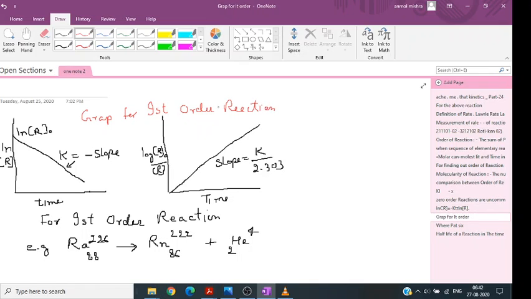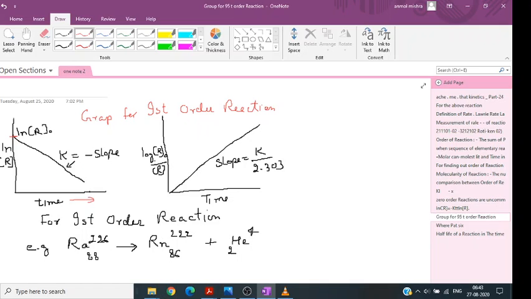Now two graphs are there. Again, very important, please go through it. Questions are asked in both. When we draw a graph between ln R and time, we get a straight line. So again, the intercept gives you ln R0, and the slope gives you the value of the rate constant k.